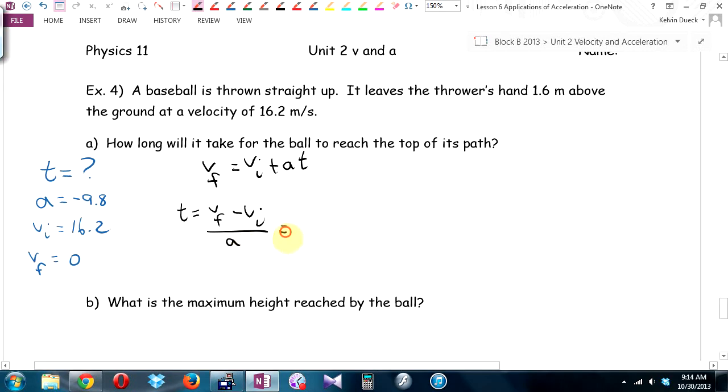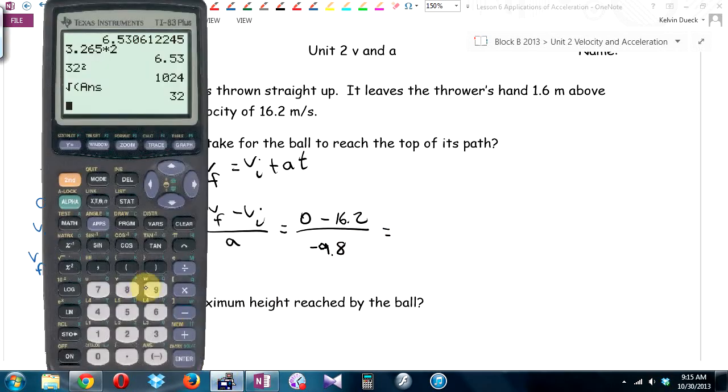So it's going to be 0 minus 16.2 divided by negative 9.8. Zero minus 16.2 divided by negative 9.8.